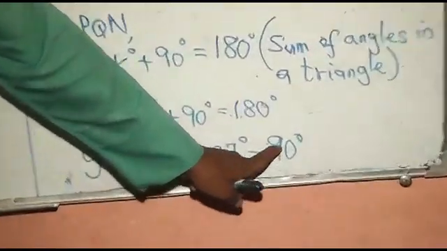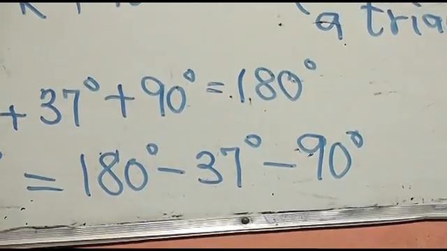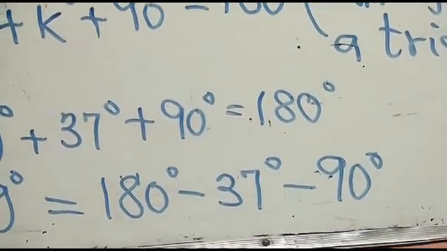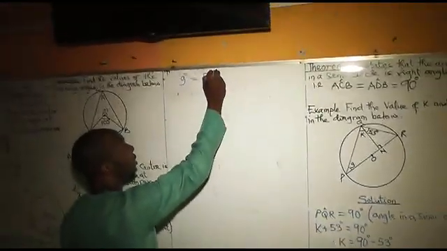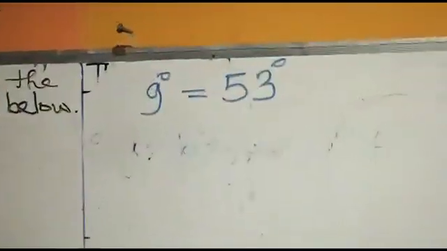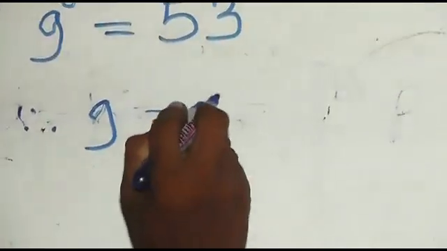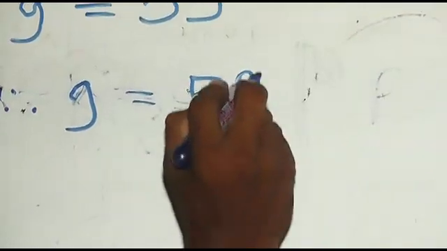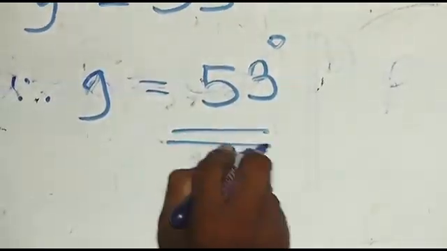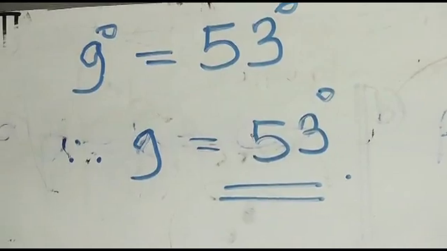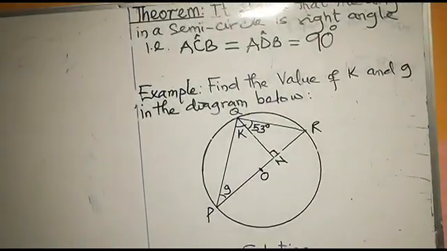If you subtract the numbers from 180, you will have 53 degrees. So, therefore, G is equal to 53 degrees. That is the value for letter K and letter G.